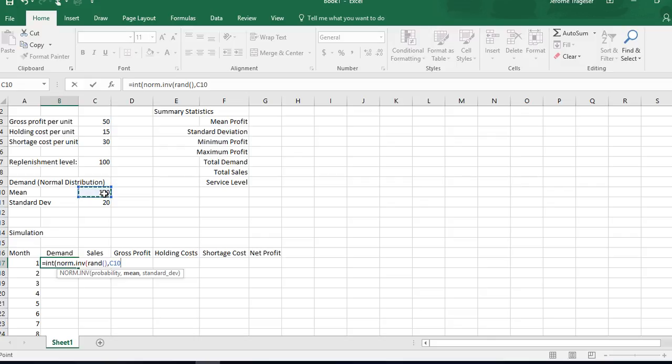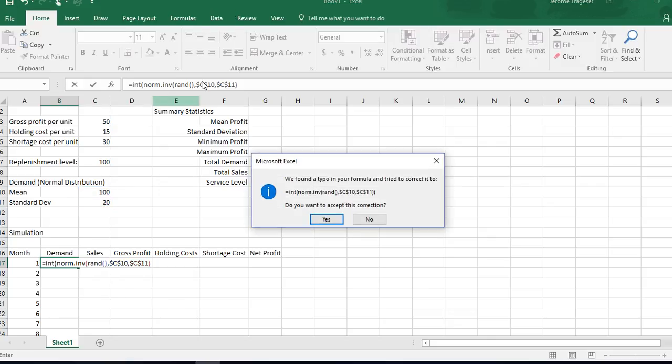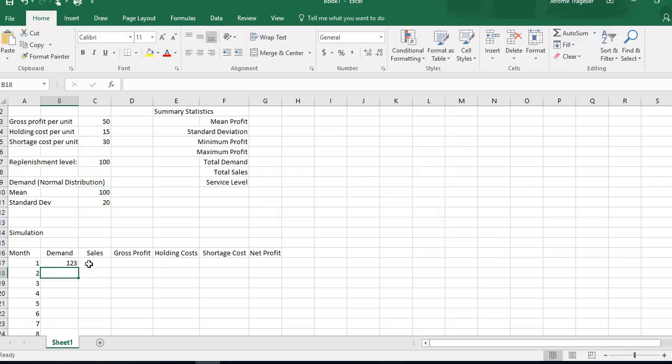We want that to be absolute, and our standard deviation, which we also want to be absolute, and parentheses. And make sure that you get the end parentheses for the norm.inverse as well as the integer function. Okay. So again, we have a random variable in here, so every time I click, this demand value is going to change. Your workbook's going to look different than my workbook.